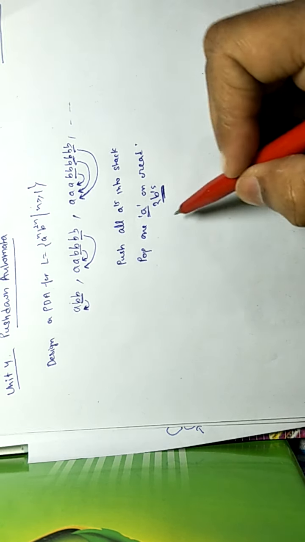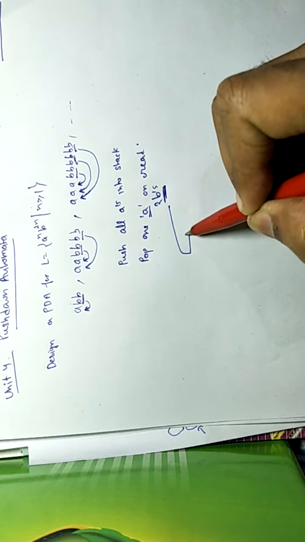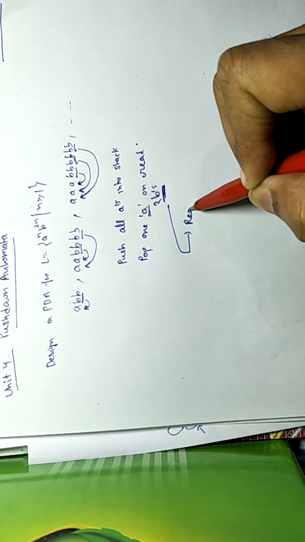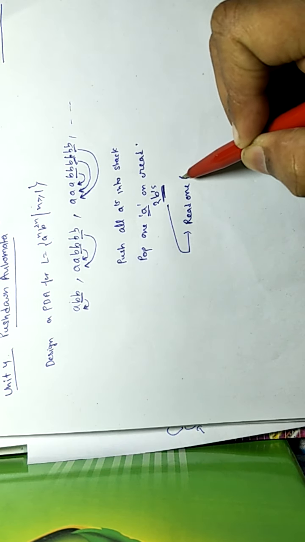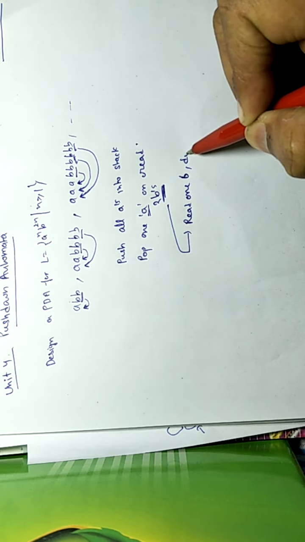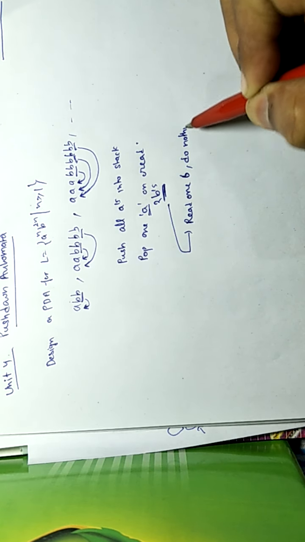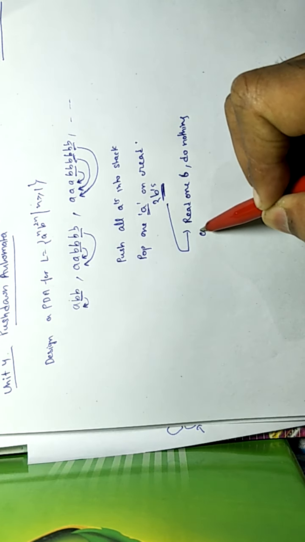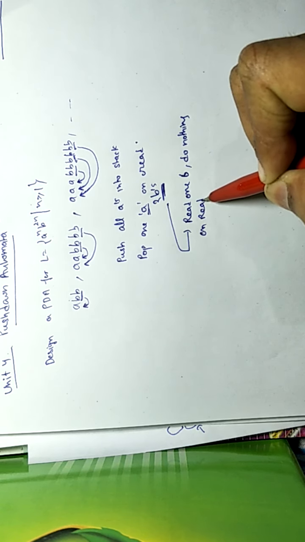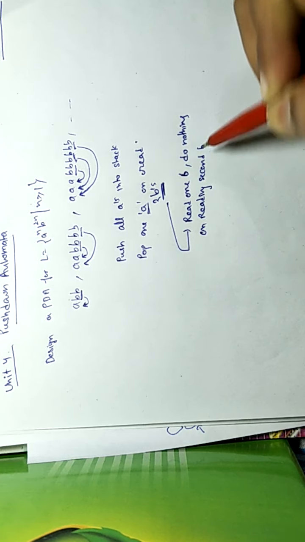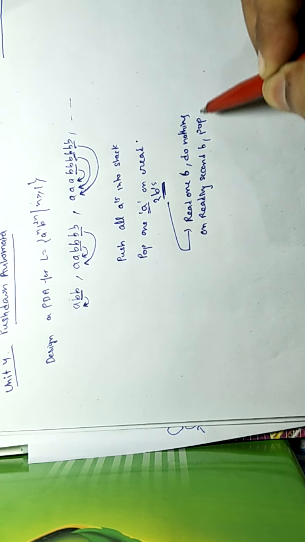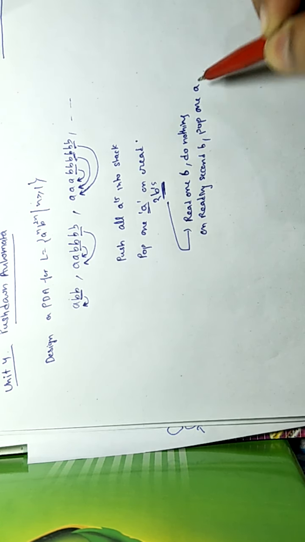So how can we pop a single a on reading 2 b's? It can be done as: read 1 b, do nothing; on reading the second b, pop 1 a.